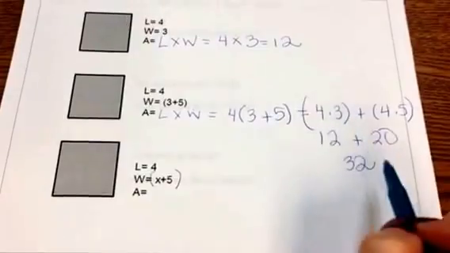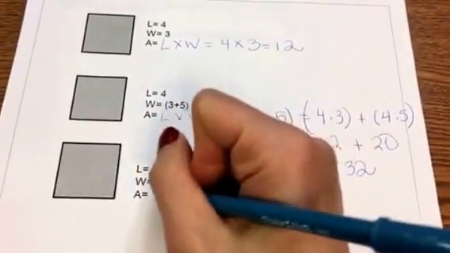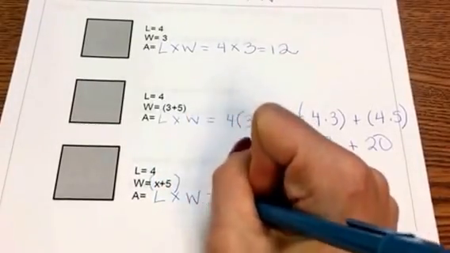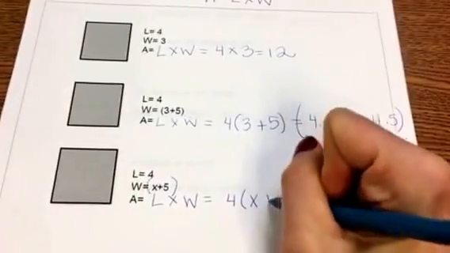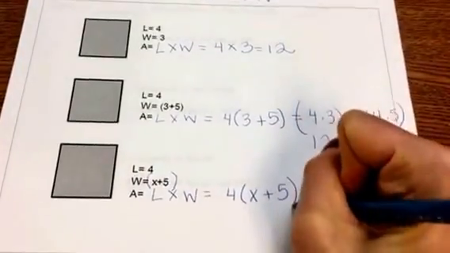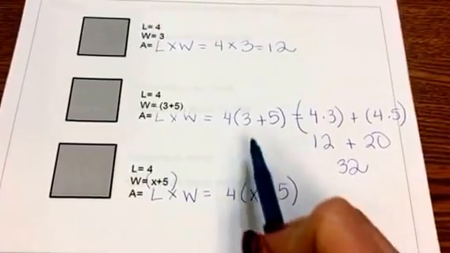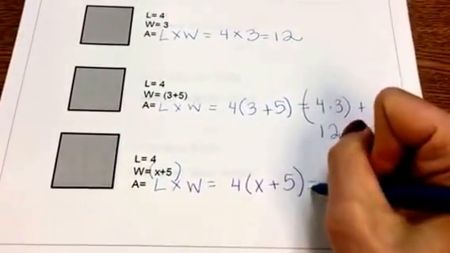Okay, but this structure that we use is going to help us here because now we have a variable. So again, we know that area is equal to length times width, and area is equal to 4 times (x plus 5). So again, just like up here, it's helpful if we use the distributive property. Now we don't have a number in that place, so we have to use the distributive property to figure it out.